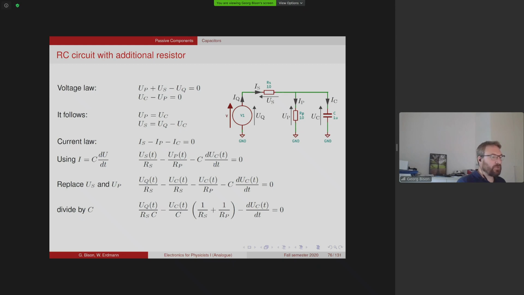Now, we can replace the parallel voltage here, or the voltage over the parallel resistor, since it's the same as the voltage over the capacitor. And then we have an equation that only depends on the source voltage and the capacitor voltage and the other components, which then can be brought into the form similar to the one we had before.